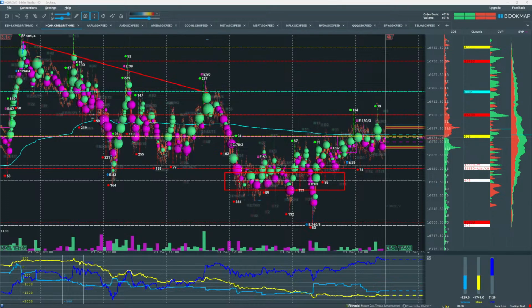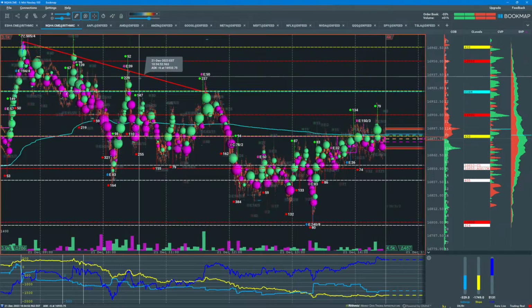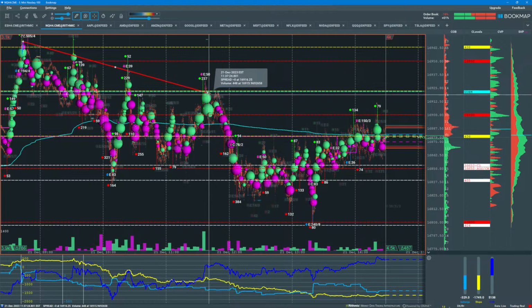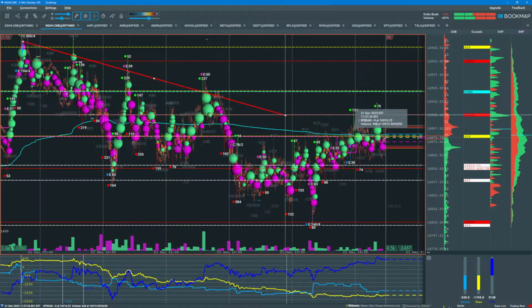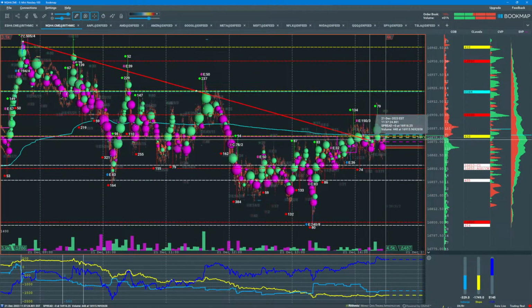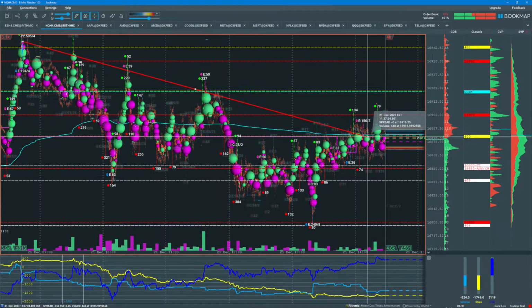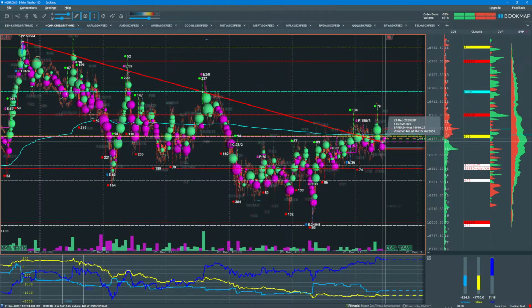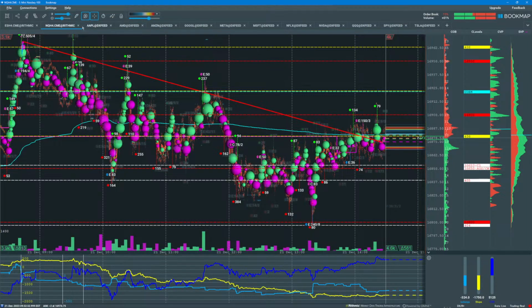That's the QQQ volatility trigger. Maybe now trying to break that downtrend. Let's see what options traders are doing.